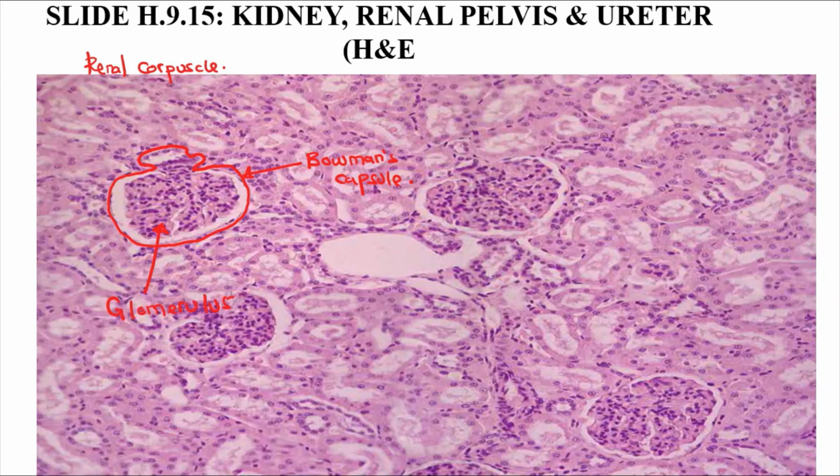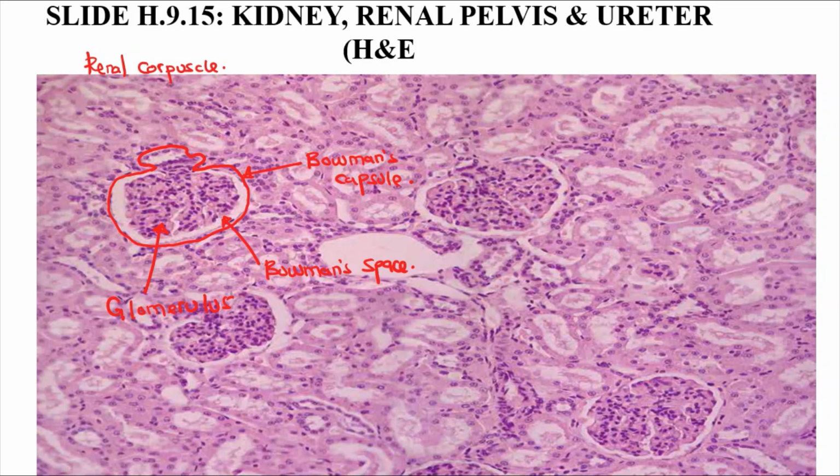The space between the Bowman's capsule and the glomerulus, this whitish space around here, that is the Bowman's space. So we can't really appreciate the structures inside of the renal corpuscle. Something that we're going to do when we look at the histological picture at high power.